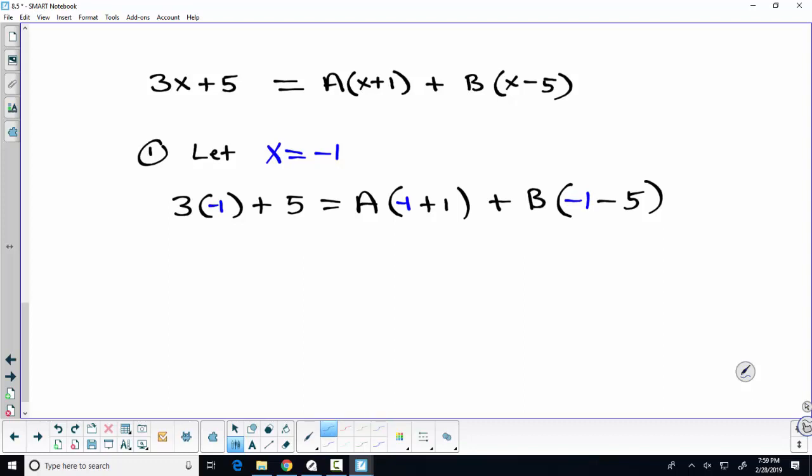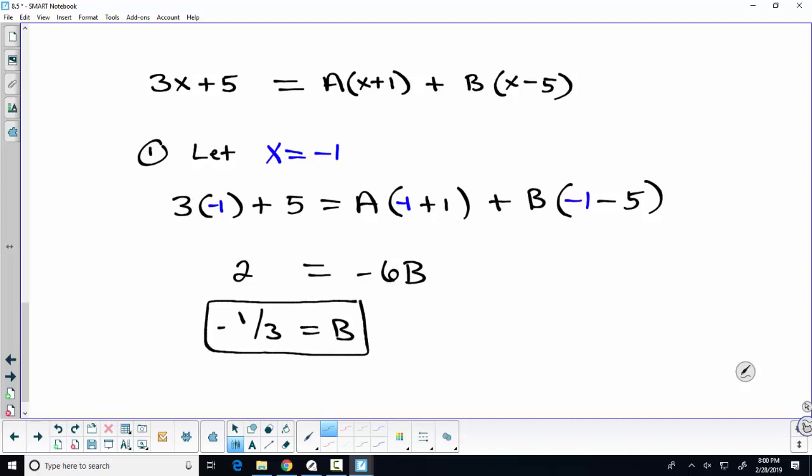So we have -3 plus 5. We get 2. That's 0. And then we have -6B. We have -6B equals 2. Which gives us B is -1/3. We choose -1 because of the x plus 1.